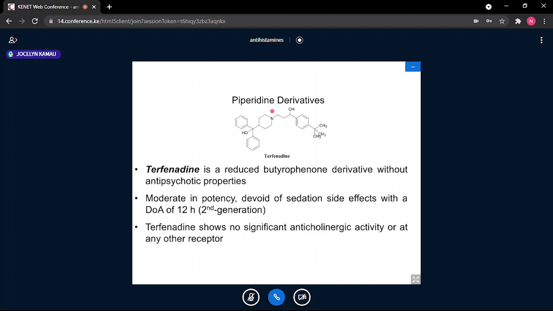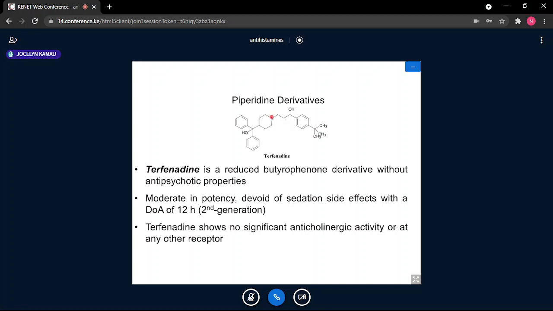If you look at this area, surely there's a lot of similarity with the other antihistamines. Two phenyl rings, and the terminal is a nitrogen, which is protonable.